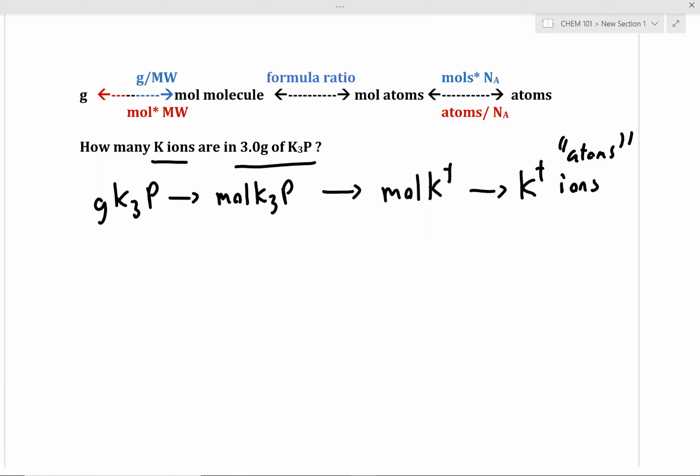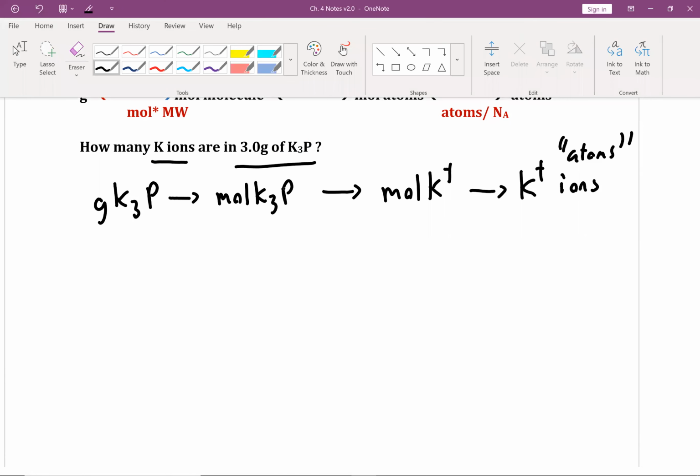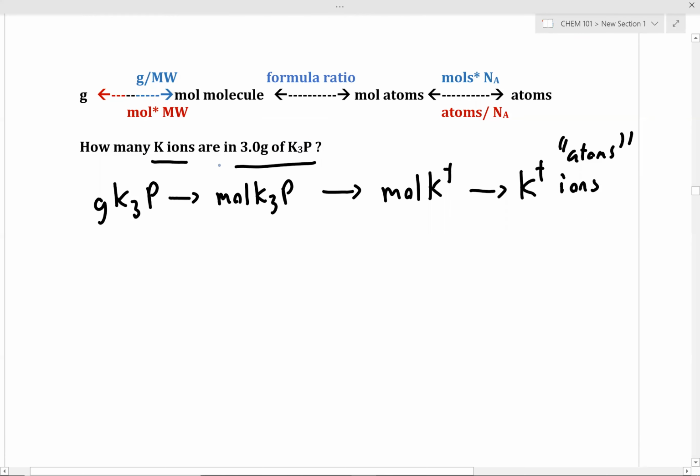Now, to fill in the blanks here on how we're actually going to execute this conversion, if we want to go from grams to moles, we're going to divide by our molar mass. When we do a mole to mole conversion, we're going to use our formula ratio.